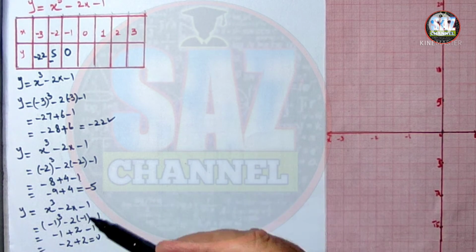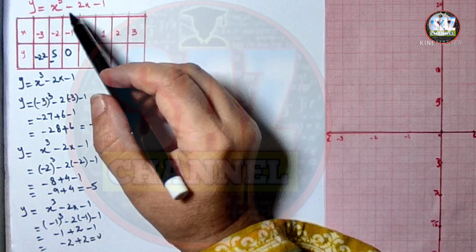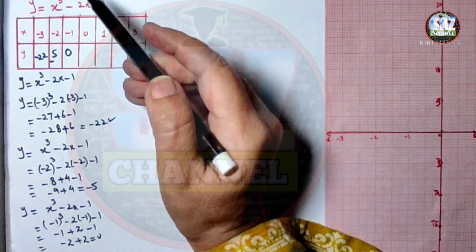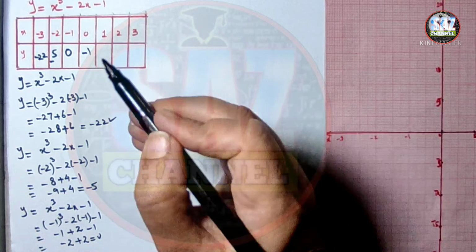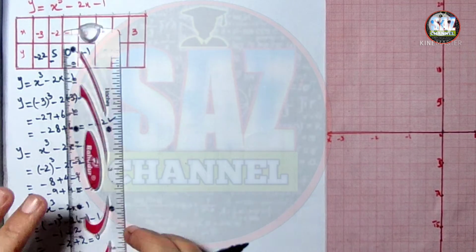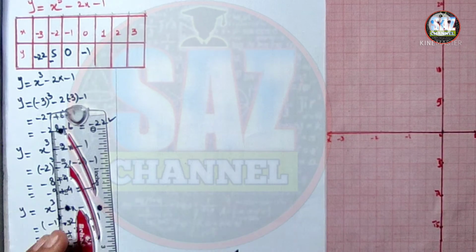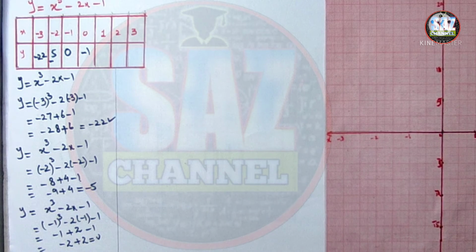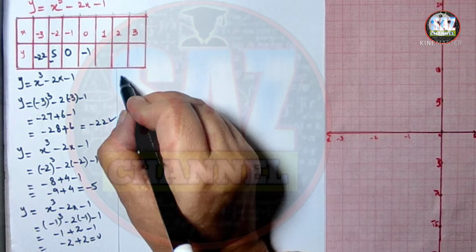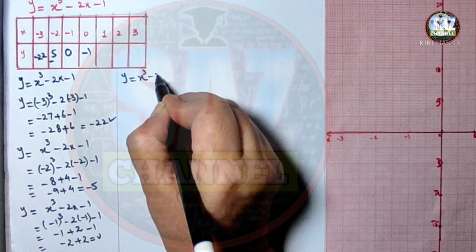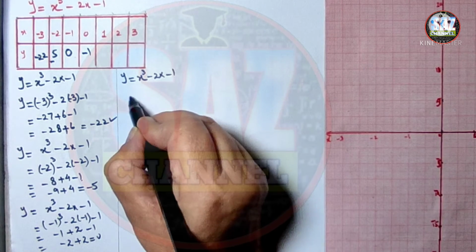And the next is a really easy value. I'm not going to perform the calculation. When x is 0, this will become 0, this will also become 0, and I will have minus 1 with me. Coming to the next unknown value, x equals 1. So y equals x cubed minus 2x minus 1.